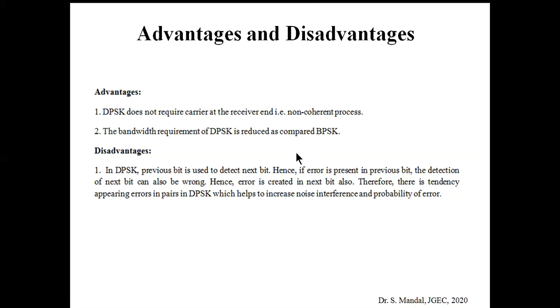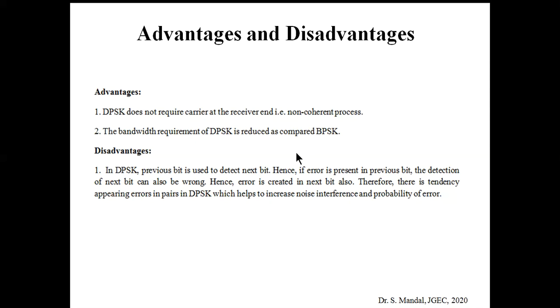But there is a huge disadvantage for DPSK. In case of DPSK, we already know that the previous bit is used to detect the next bit, because depending on the previous bit, the corresponding phase shift will occur. It will be either 0 or 180, but that also depends on the previous bit. So if any error has occurred in the previous bit, obviously the error will continue in the next bit also.